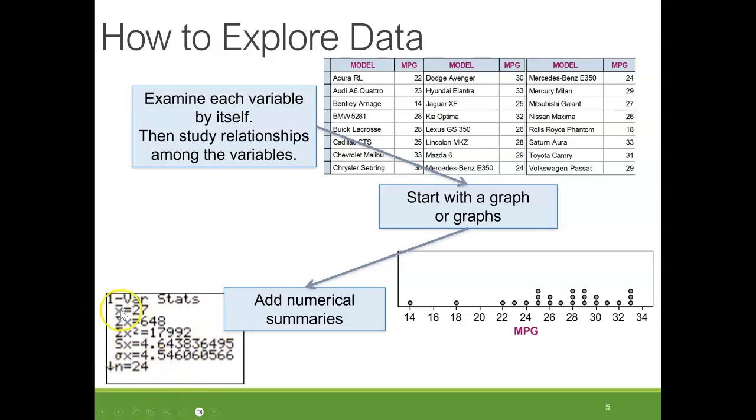What I've done is I've calculated the mean miles per gallon and the standard deviations and things like that. And that adds another layer of analysis we can do that's more than just visual. But the visual distribution can often give us a lot of information as well.